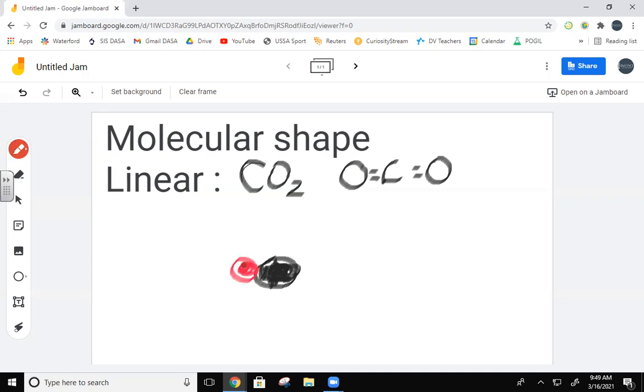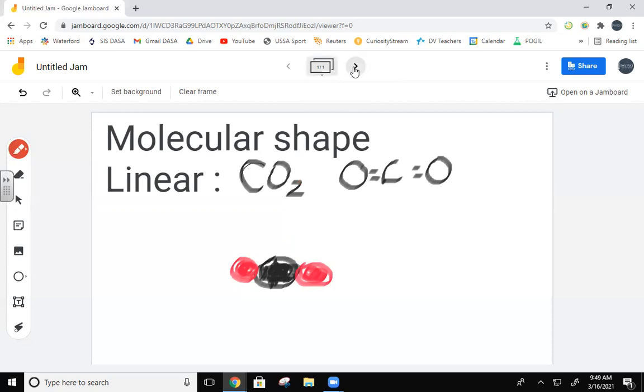You've got one oxygen over here, you've got a second oxygen over here. Okay, beautiful. Very simple, all right? A linear molecule. Makes sense. Okay.